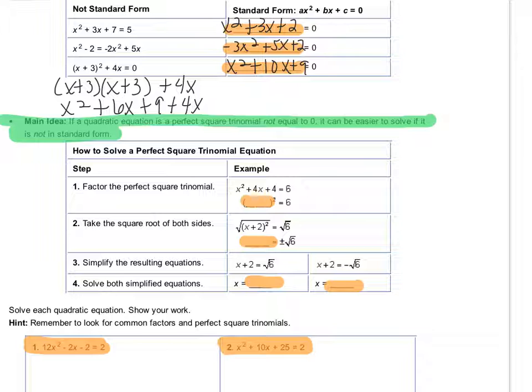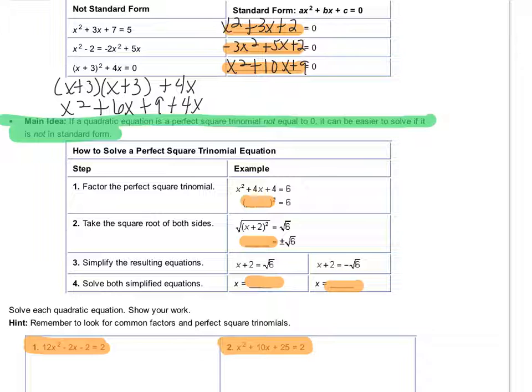Okay, the main idea is if a quadratic equation is a perfect square trinomial not equal to 0, it can be easier to solve if it's not in standard form. So how do you solve a perfect square trinomial equation? Factor the perfect square trinomial.